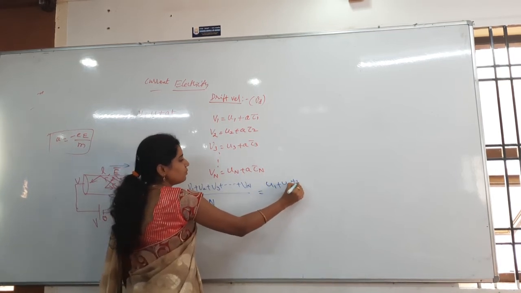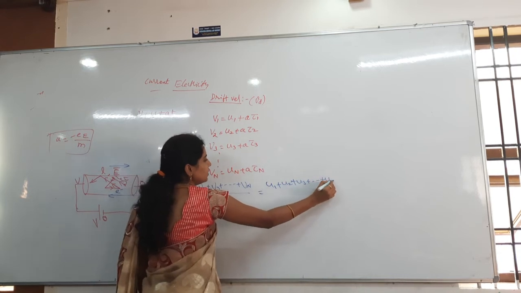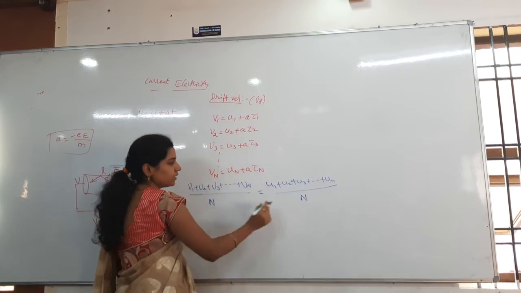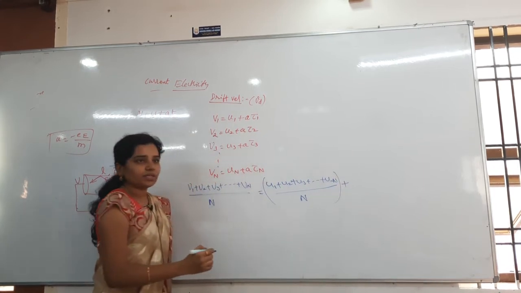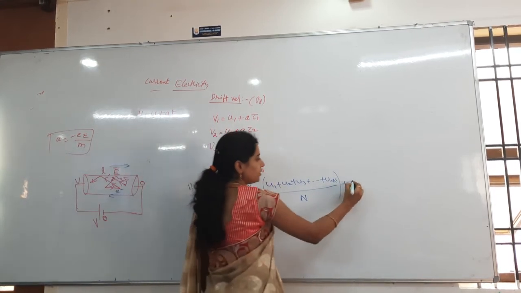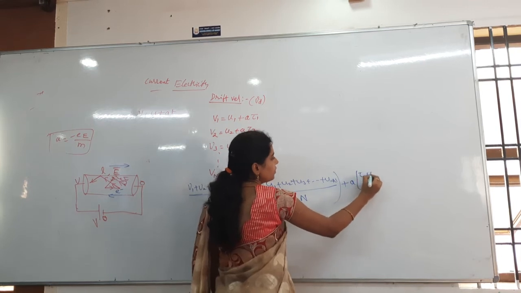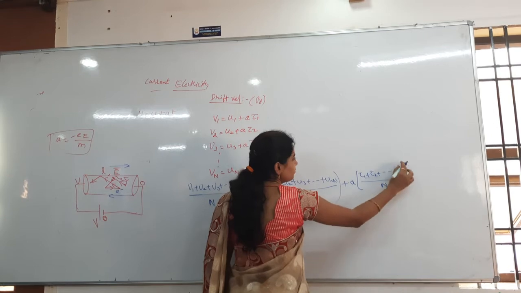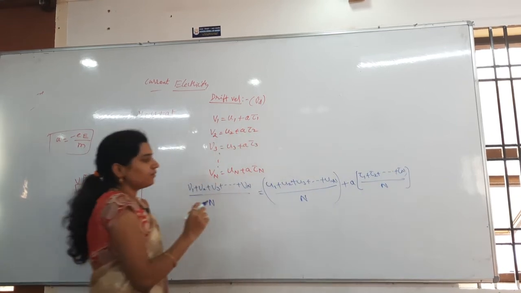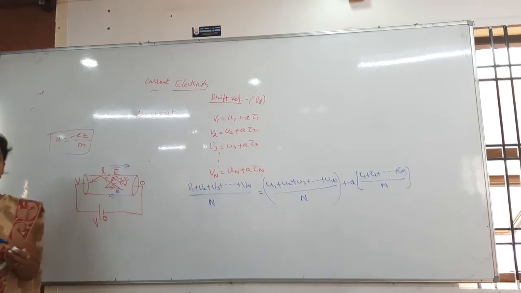That is equal to U1 plus U2 plus U3 and so on, Un, by n, and then plus, what is there here? What can I take common? Acceleration I can take common, then A into tau 1 plus tau 2 and so on up to tau n, divided by n. One thing will become 0 here. What is that?